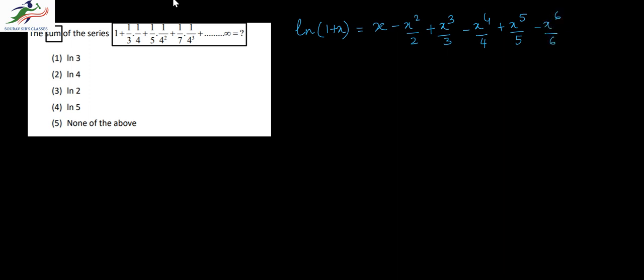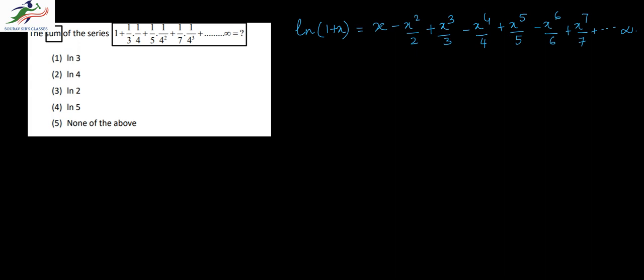Now, we know that log of 1 plus x can be expanded in the Taylor series in the form of x minus x squared by 2 plus x cubed by 3 minus x to the 4 by 4 plus x to the 5 by 5 minus x to the 6 by 6 plus x to the 7 by 7 all the way up to infinity.